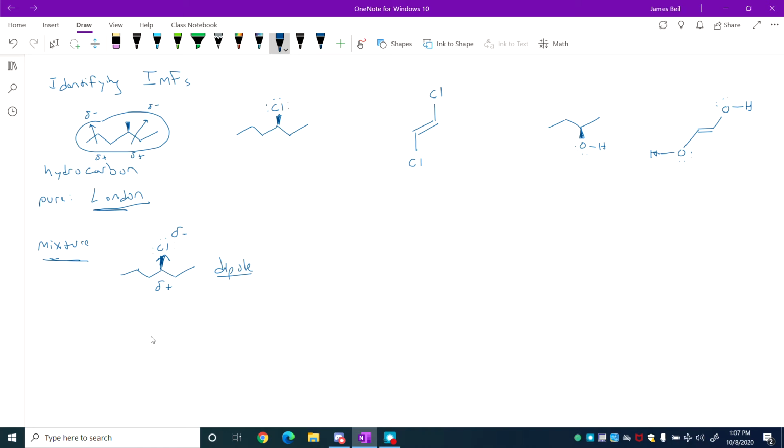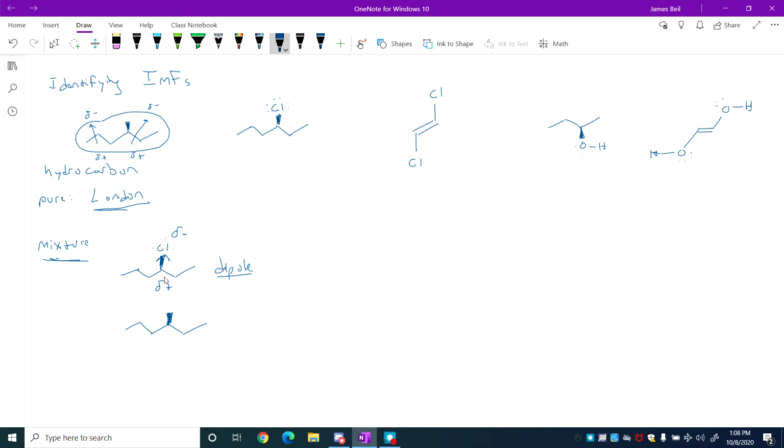So if this molecule were to come in contact with the other molecule we were looking at, the nonpolar one that doesn't have any real electronegativity differences, the dipole of the one structure would induce a dipole upon the other.